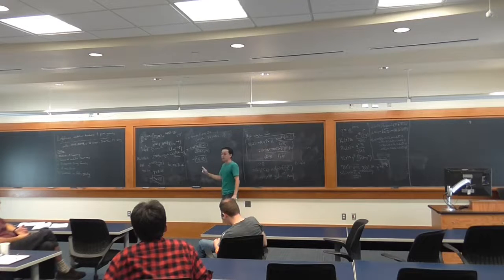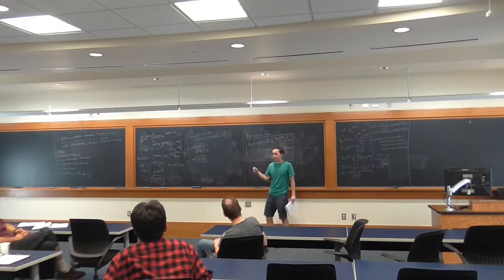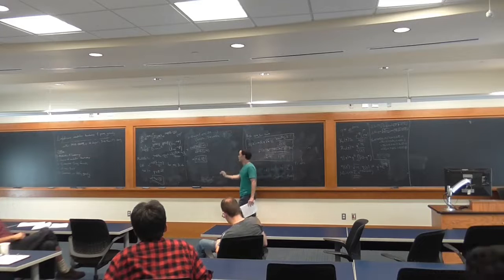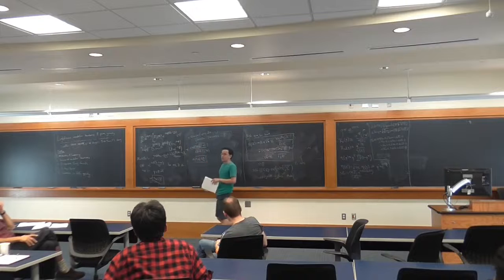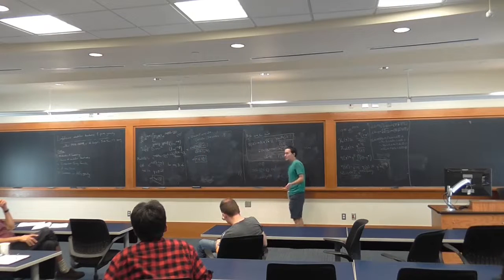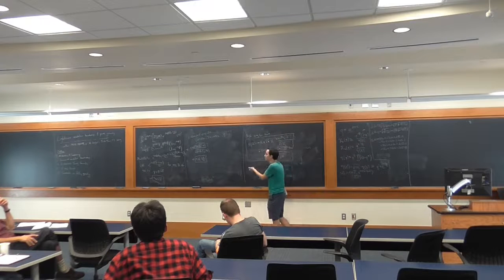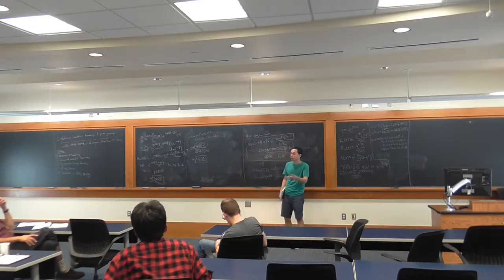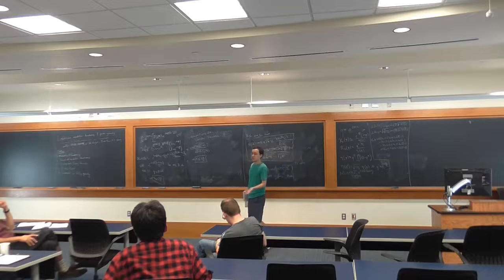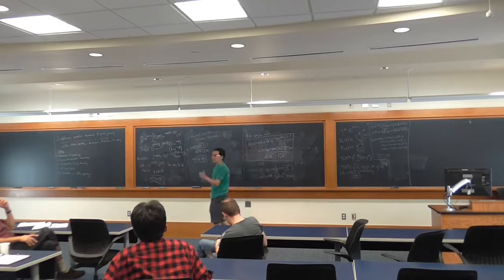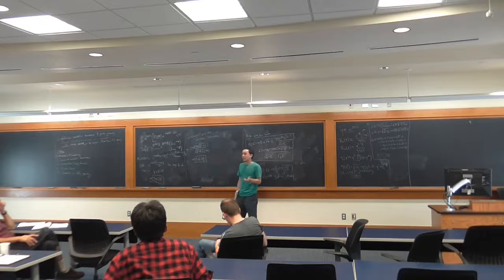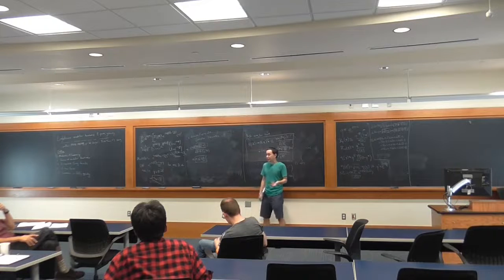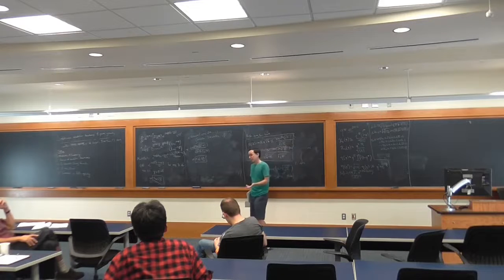Let me first just say two possible loopholes of this argument, because I don't want you to think this is a rigorous proof. This is an argument we have, but it's not a rigorous proof. The first loophole is that so far we've approximated everything as a continuum, and indeed in the usual Cardy argument we approximate everything as a continuum. But for a true CFT, the spectrum of states is some discrete sum of delta functions, and in general there's an error term that happens when you approximate a discrete sum with a continuum.